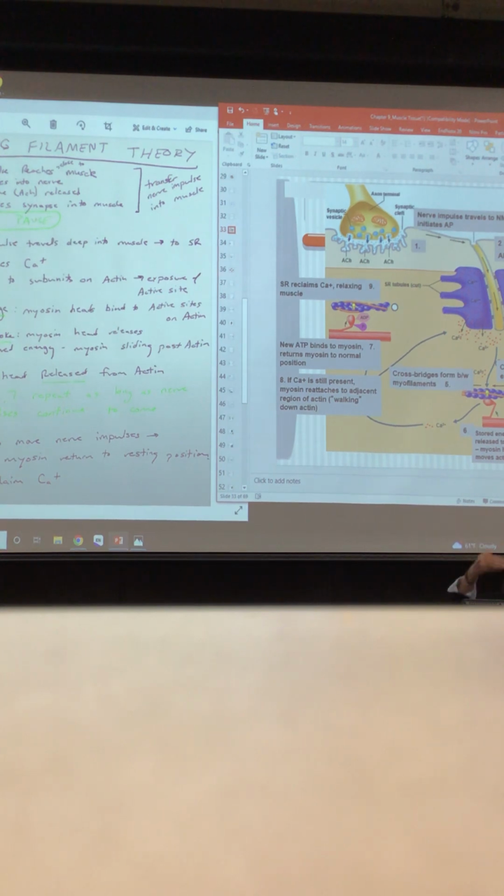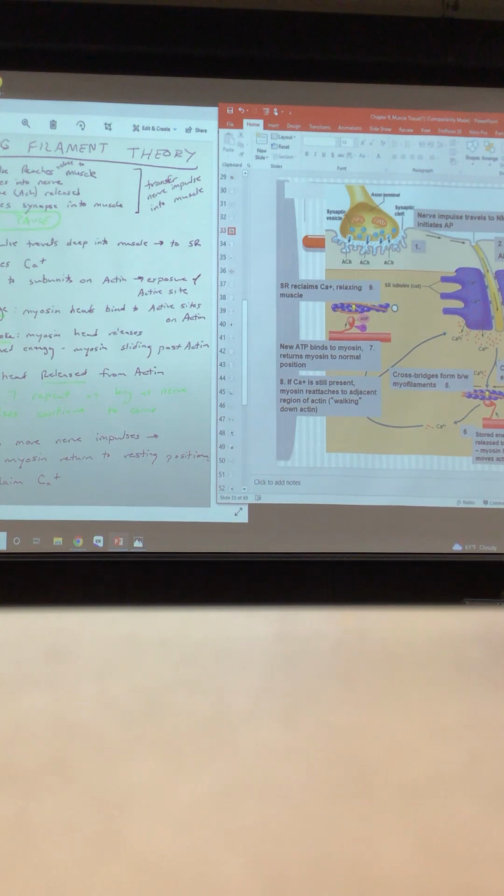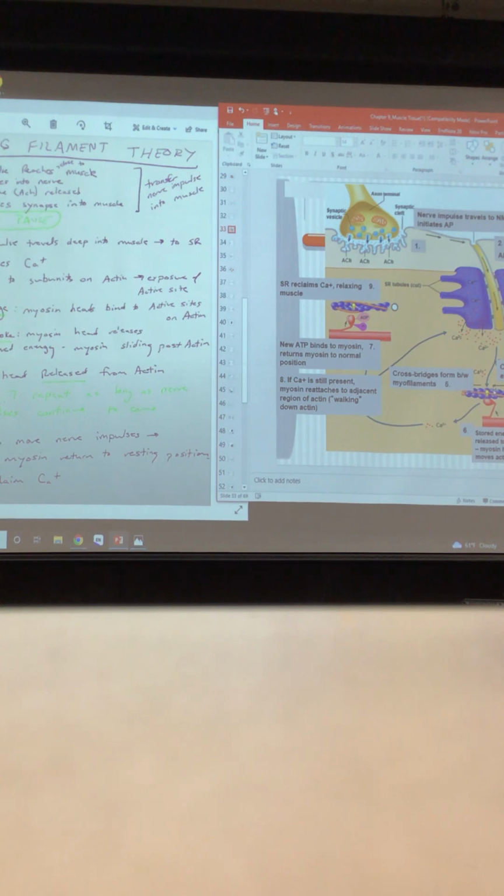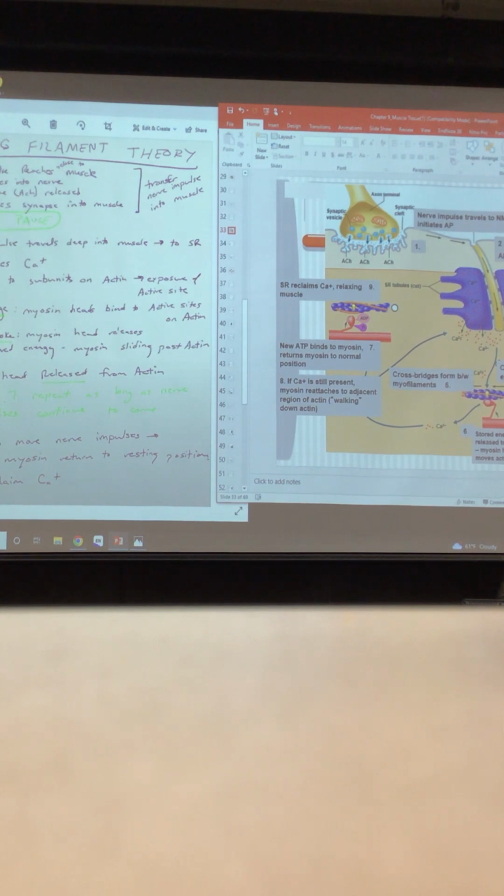But it's like a domino effect. One thing happens which leads to the next and leads to the next. So after calcium has bound to the subunit to cause a shift to expose the active sites, then we have step 5. Step 5 is the cross bridge.